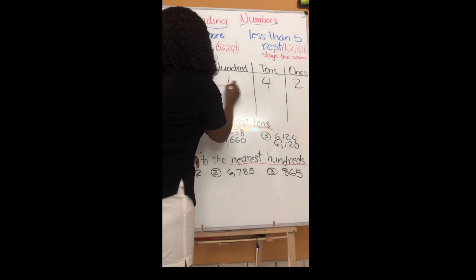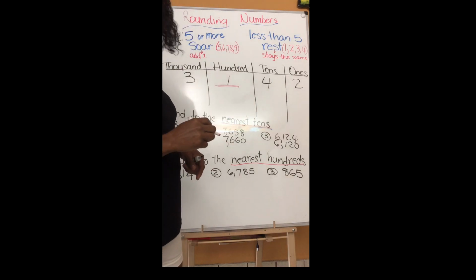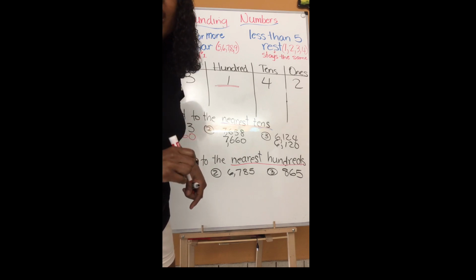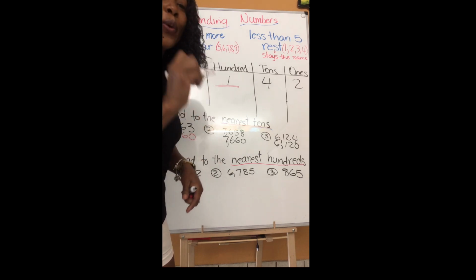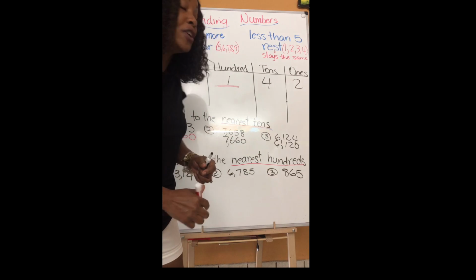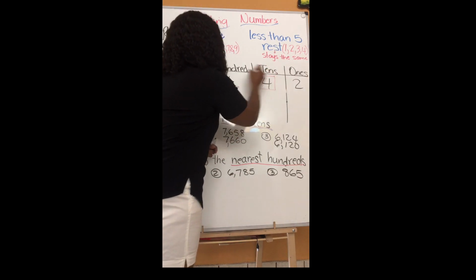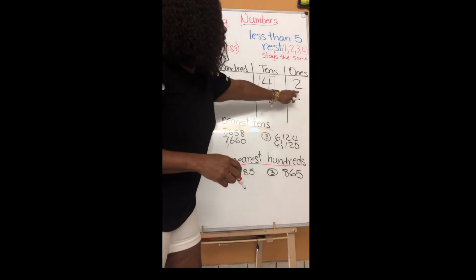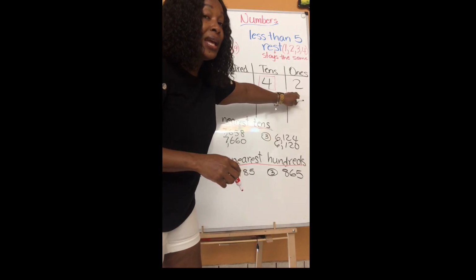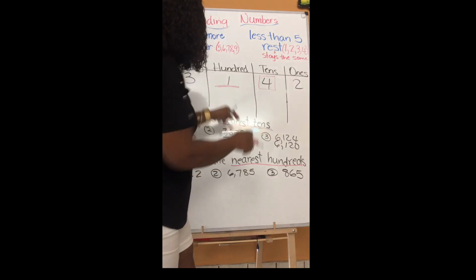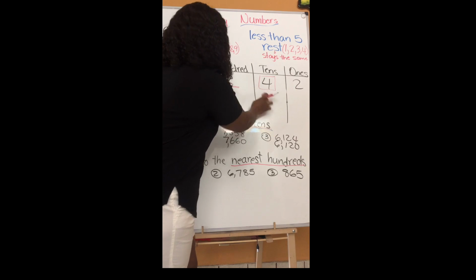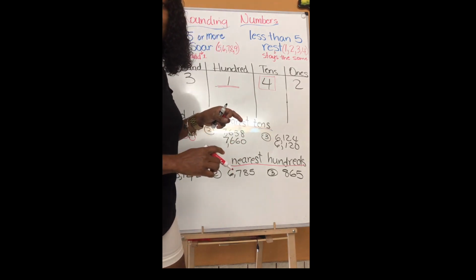Good job. And we underline it. Now we're going to find the boss. The boss is always the one immediately in front of the one we underline. So put a box around him. So even though this is in the ones column, this is not the boss this time. It's the nearest neighbor to the right. That is the boss. All right?